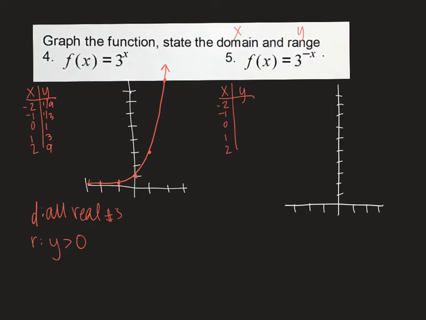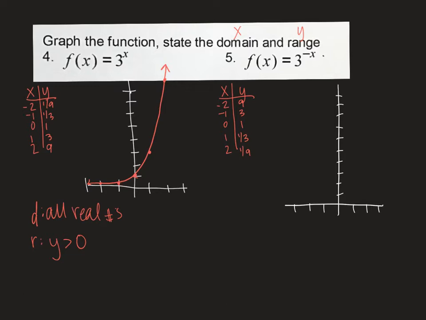So it's 3 to the second, which is 9. When I plug in negative 1, I get 3 to the first, which is 3. 0 is still going to give me 1. When I plug in 1, I have 3 to the negative first, which will give me 1/3. And when I plug in 2, I'll have 3 to the negative second, which will give me 1/9.